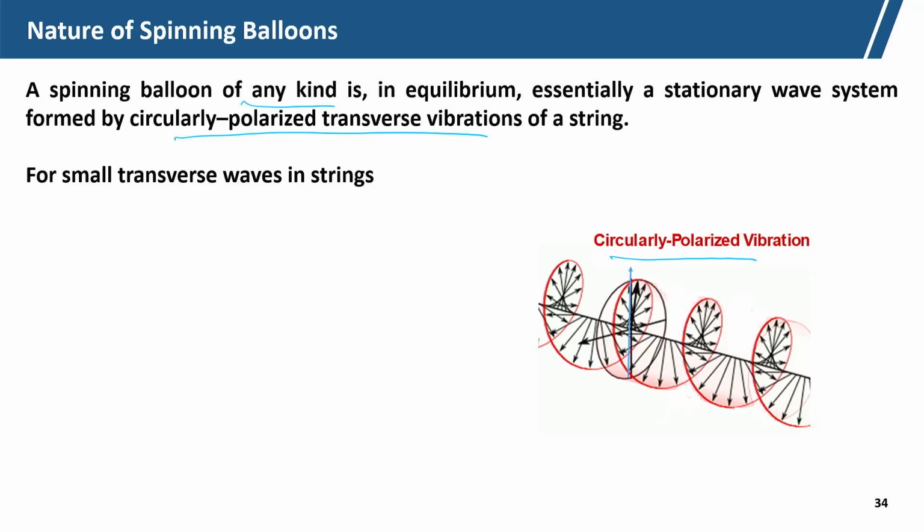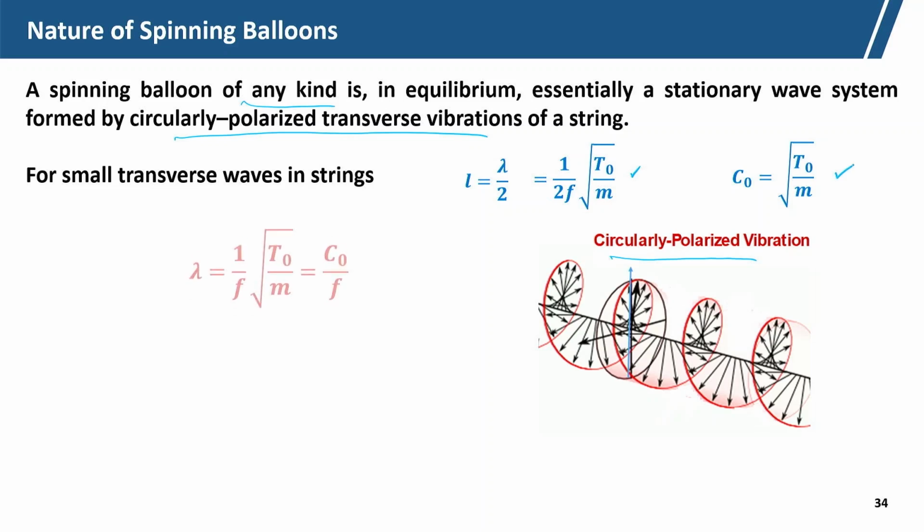A small transverse wave in the string. So, for a small transverse wave, we know this relationship: lambda will be 1 by f under root T0 by m, and C0 is equal to under root T0 by m.